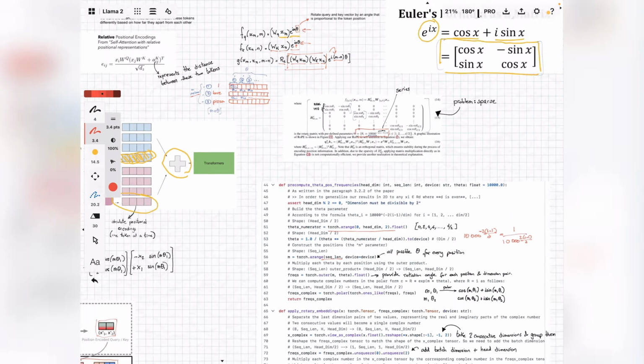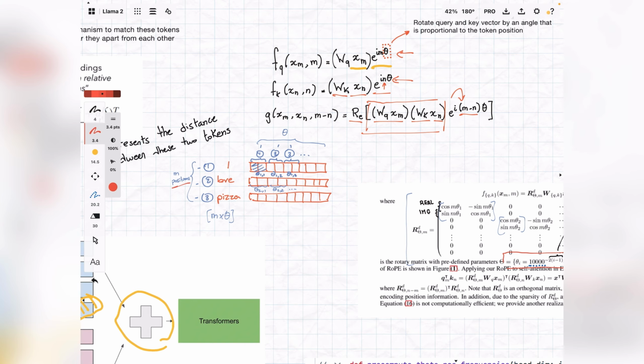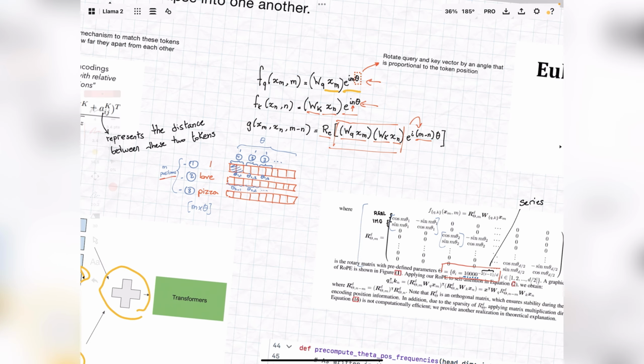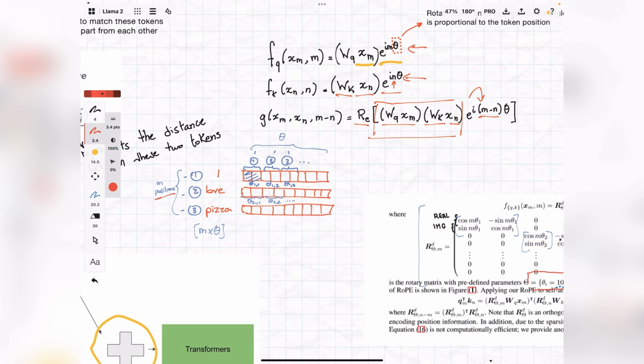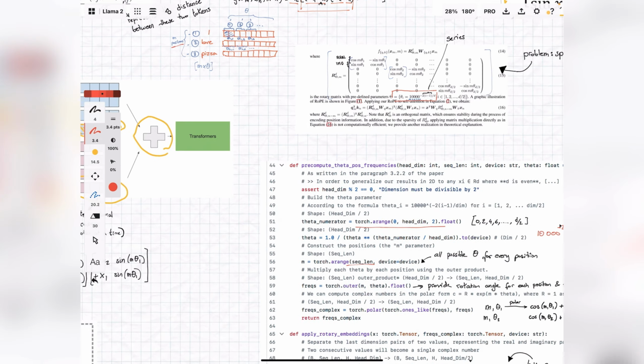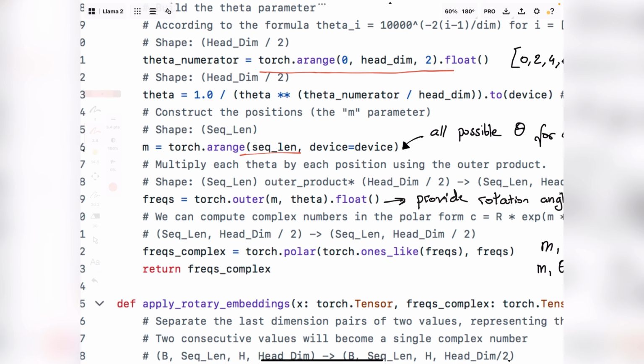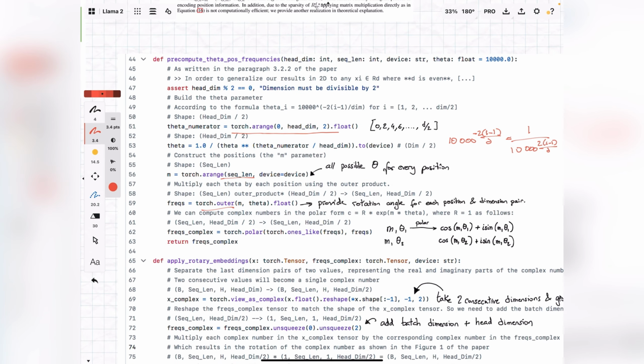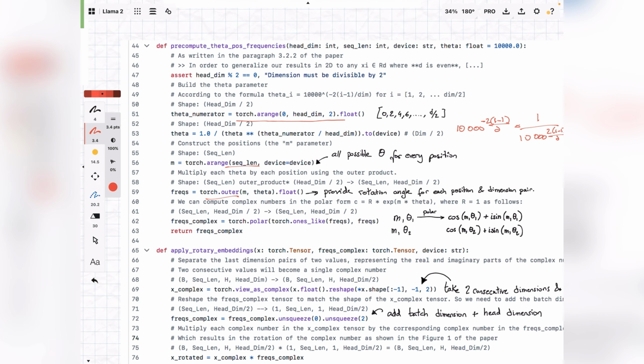And then what we want to do is get all of the combinations of m with all of the pairs here. That combination is done using the torch.outer function. So that's going to give us the rotation angle for every position and dimension combination. Once we have that, we need to convert it to the polar system, or bring it to the complex space.